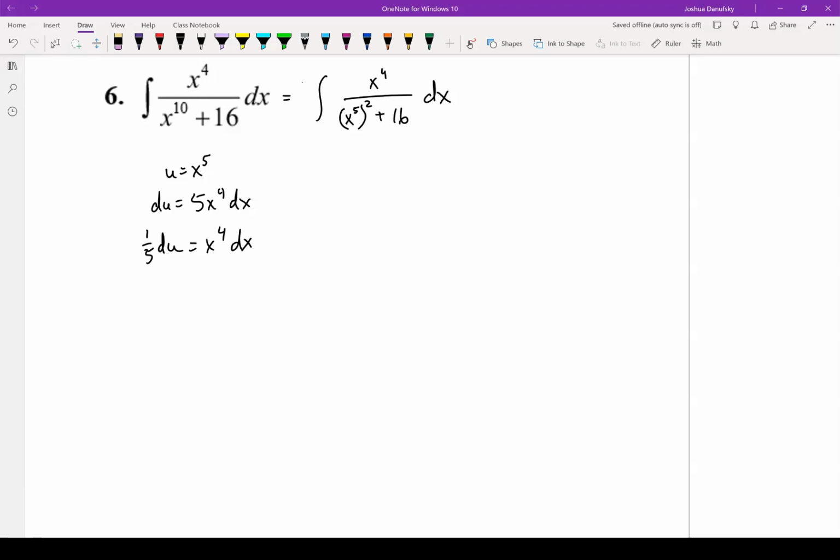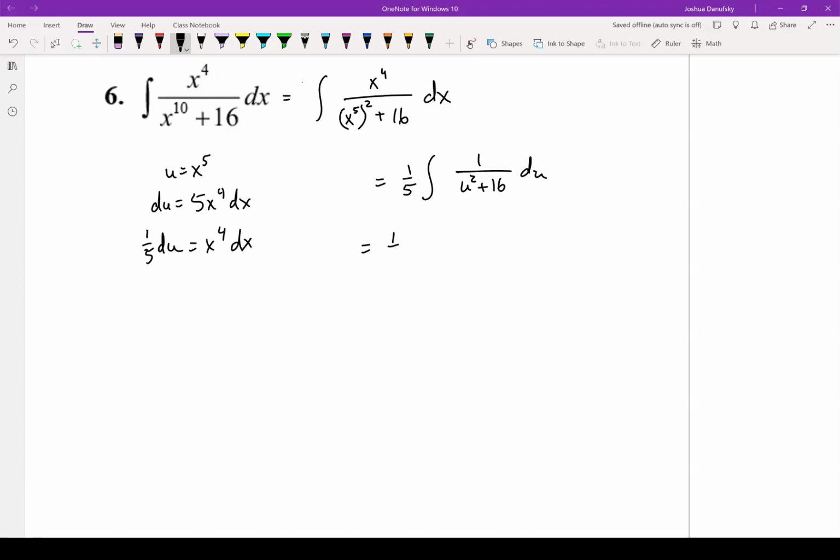We also notice that we're going to have u squared plus a constant squared in the denominator, and that's something we know how to integrate. So this is going to become 1/5 the integral of 1 over u squared plus 16 du. 1 over u squared plus a constant squared is tan inverse.